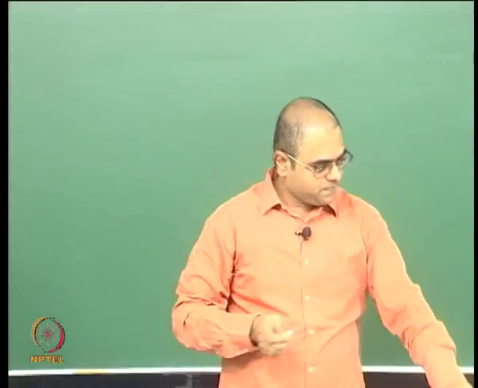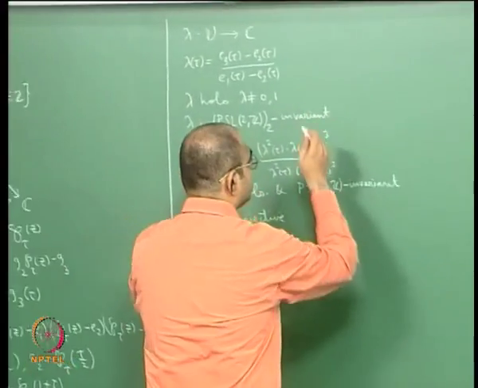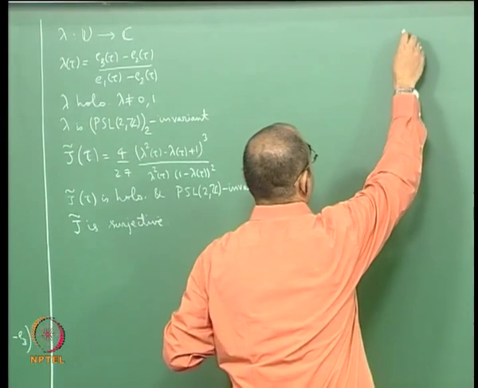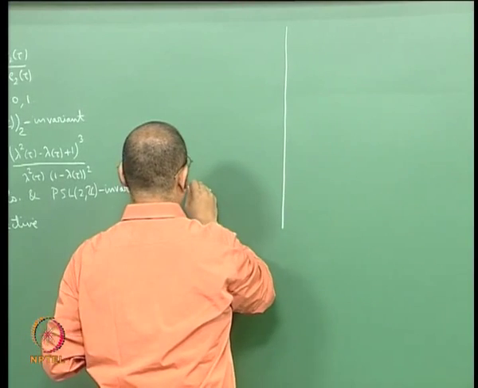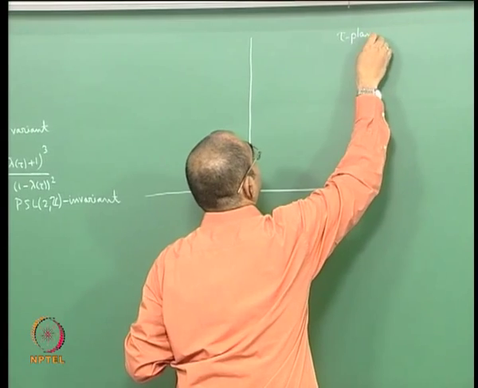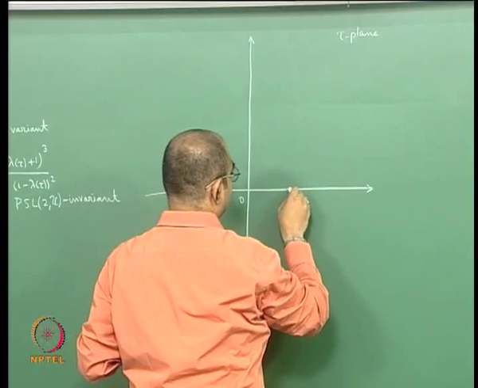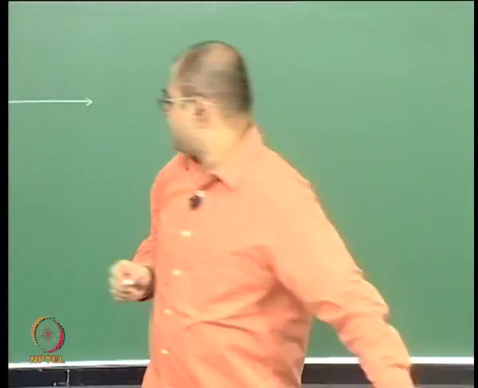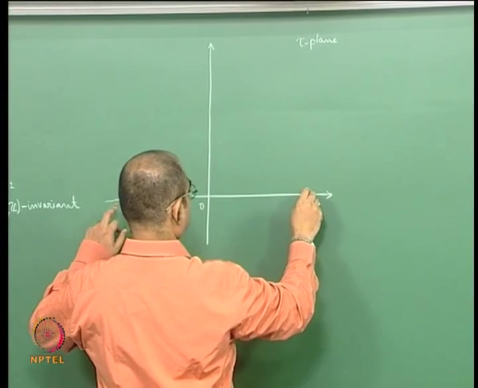So let me draw it. If you remember, let me draw it somewhere, because I need to use it again. So let me draw it here. So this is the tau plane, this is the real axis, this is the imaginary axis, and I will need a semicircle of radius 1, so let me draw it here so that I have enough space.